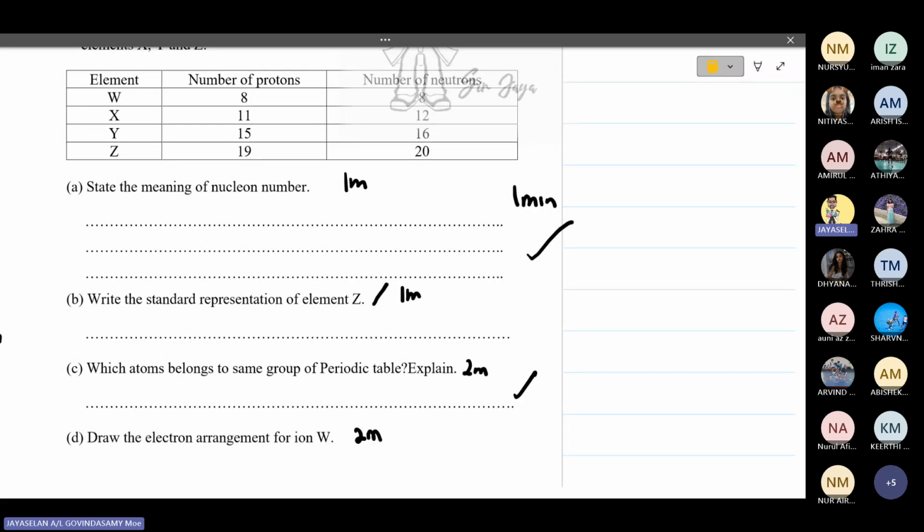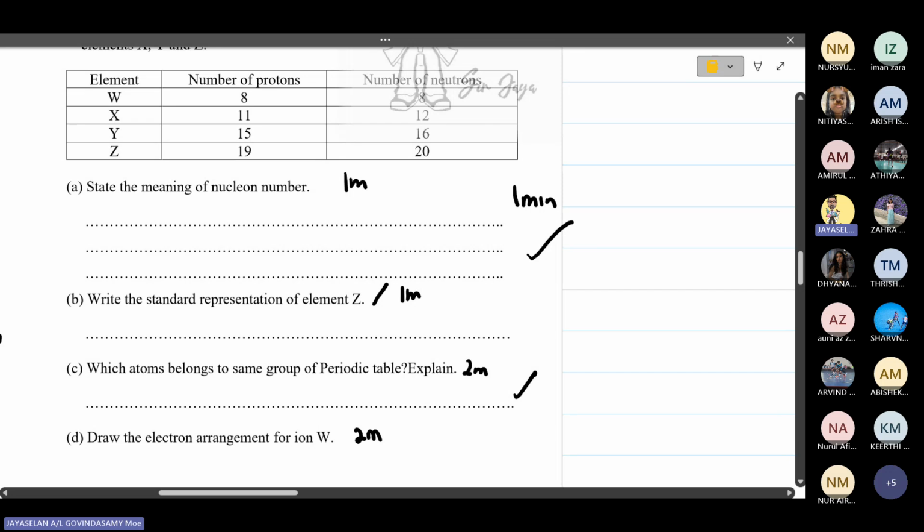Okay, this question done. Okay, draw the electron arrangement of, they put ion, not atom. This is ion. Just now we draw atom. Now ion. Ion W, 2 marks.